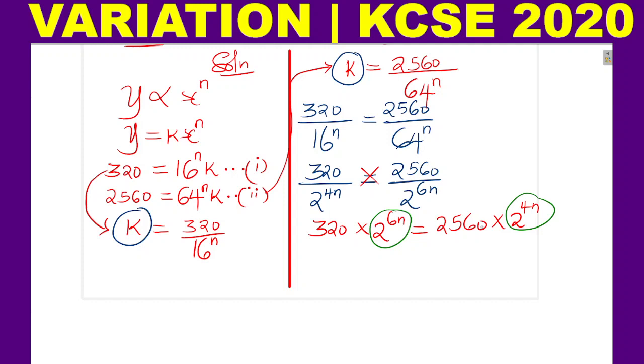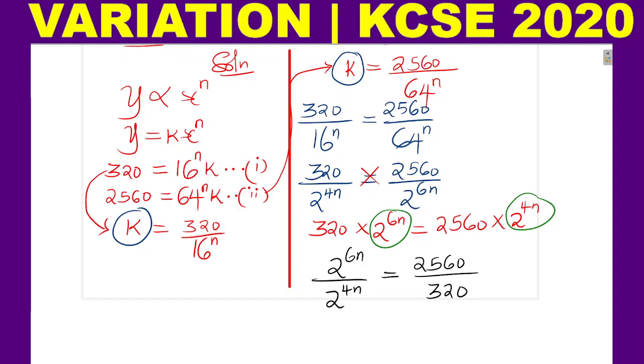So I shall have 2 raised to power 6n divided by 2 raised to power 4n, and then I divide both sides again by 320. So on the right hand side I'll have 2560 divided by 320.